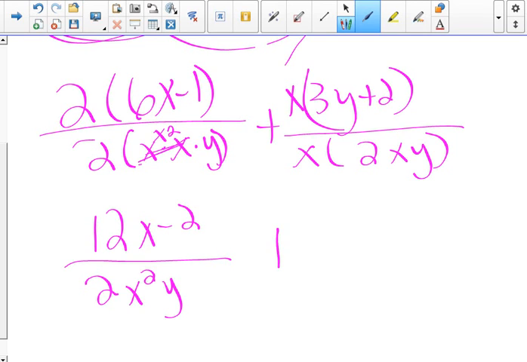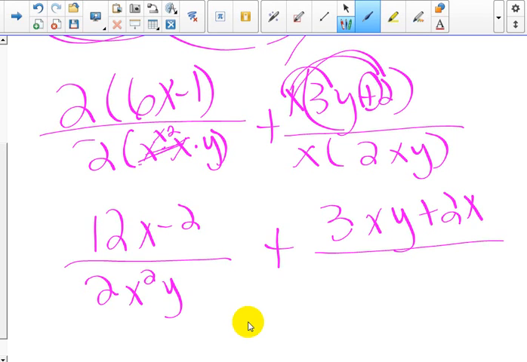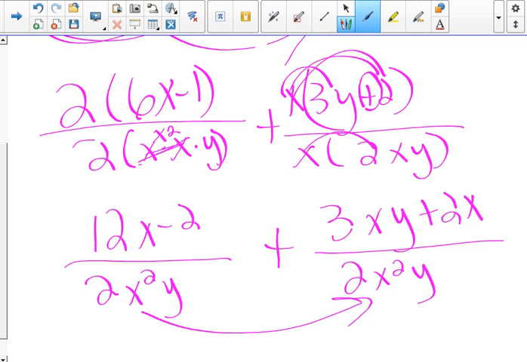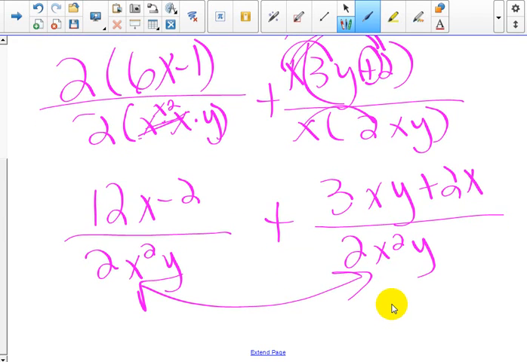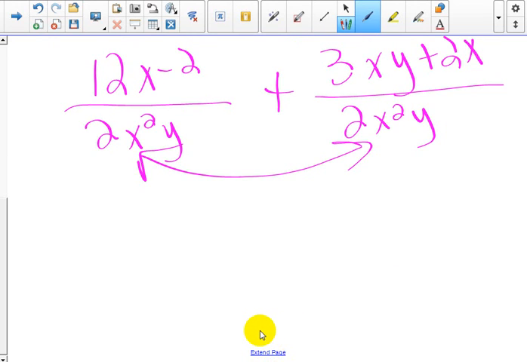And over here, I'm going to have 3y plus 2, distribute the x there and distribute the x there. So 3xy plus 2x over, and now again, it's going to be a 2x squared y. Now we have common denominators.